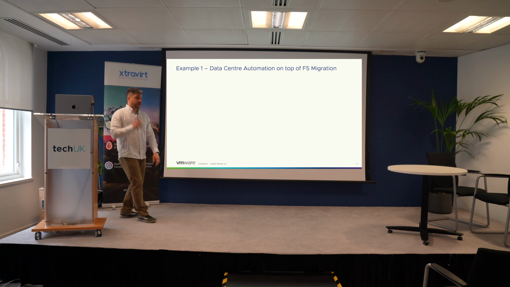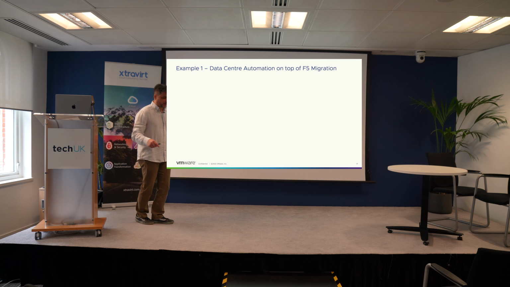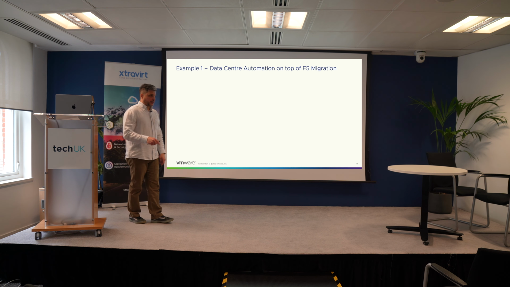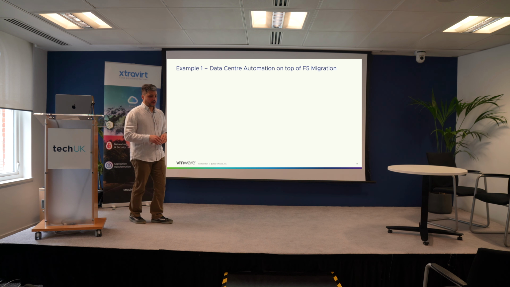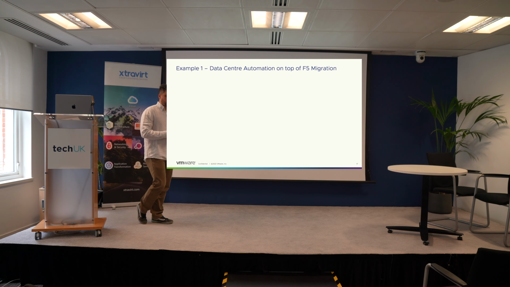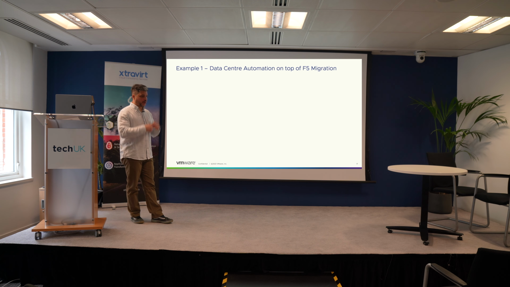Okay, so I'm just going to go through one use case that is different from the rest. We had a customer that came to us, and they had a traditional F5 infrastructure. They have big chassis of F5s with blades and with partitions and virtual F5s.